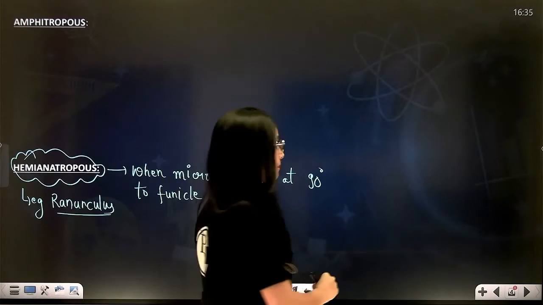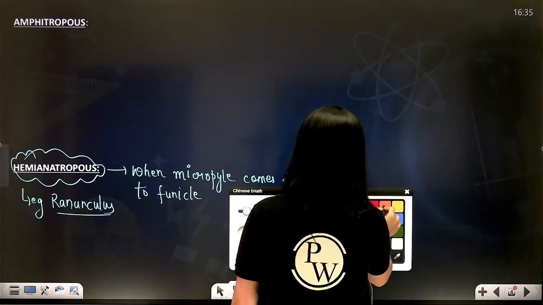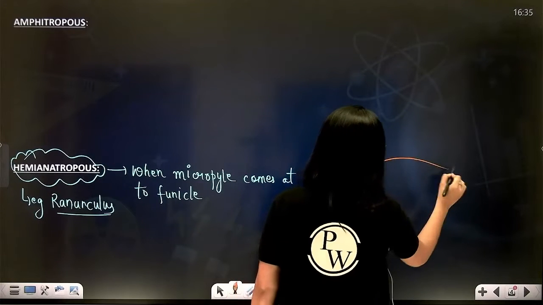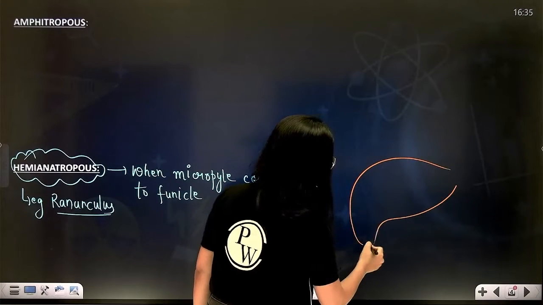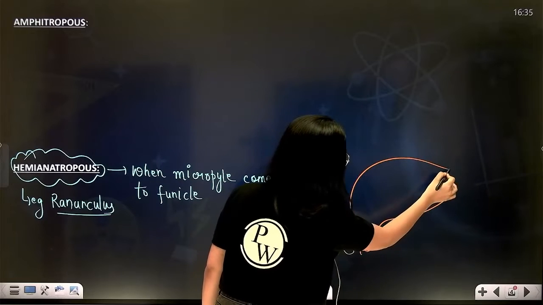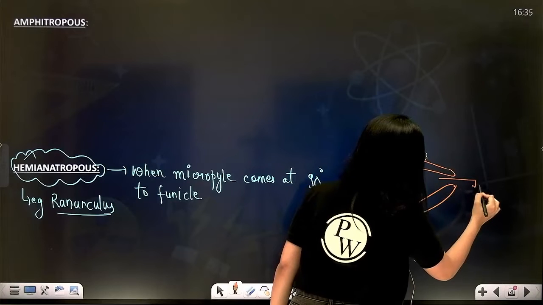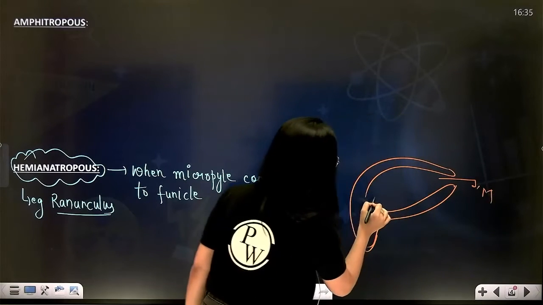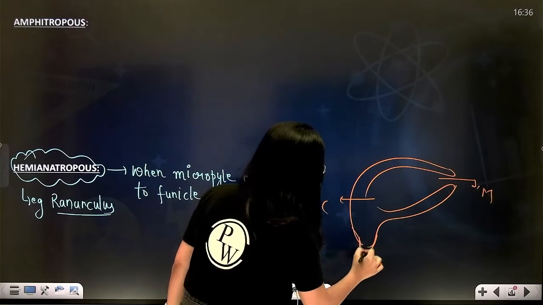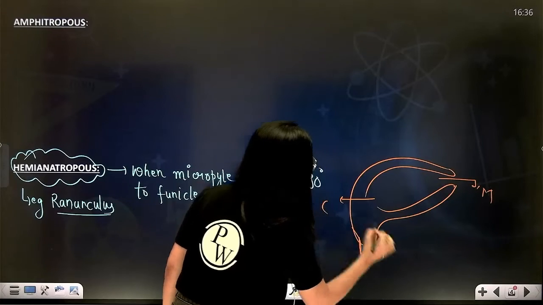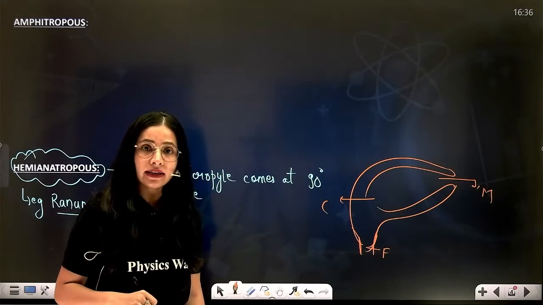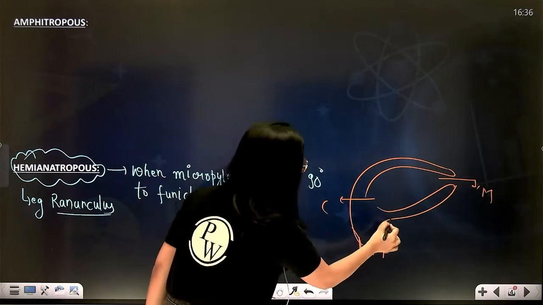Let's see with the help of the diagram how it will look. So now this is how the diagram is going to appear. Beta, this is the opening, which is micropyle. Here is the base, chalaza, and this is the stalk called funicle. So actually it is at right angle.